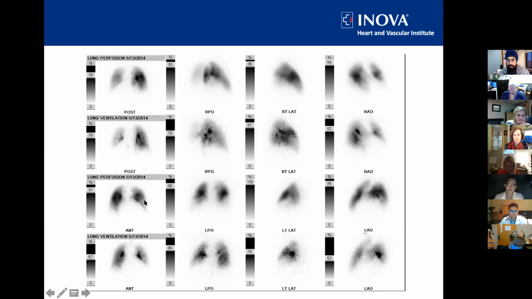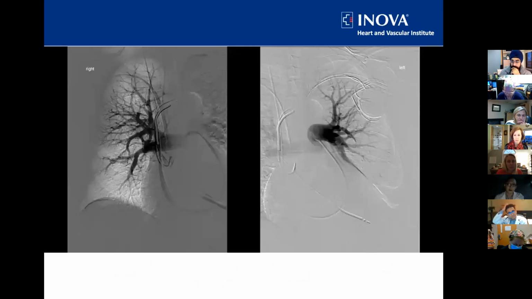Maybe there's a general paucity on the left side compared to here. It looks like the lower lobes really are not seeing the perfusion you would otherwise expect. So they thought this was essentially an underread interpretation.